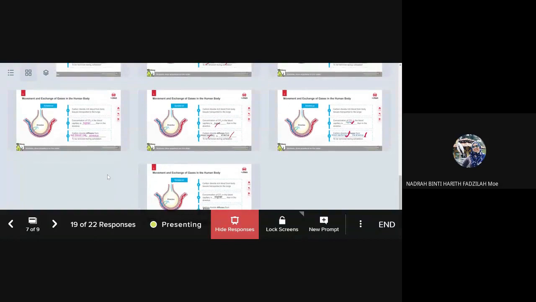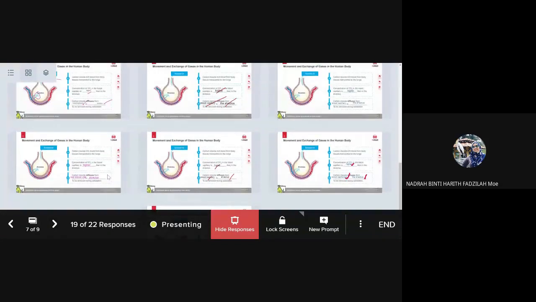Okay, next let's try another discussion regarding adaptation of alveolus. When we talk about adaptation of certain structures to conduct its function, we will take a look at that particular structure in detail.